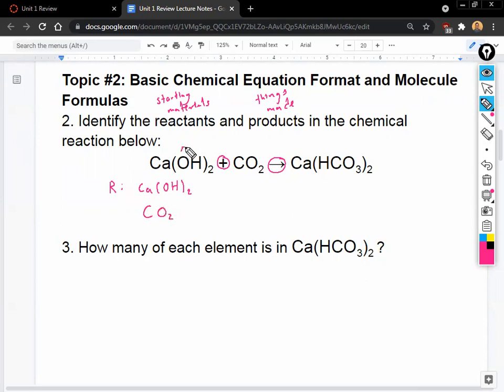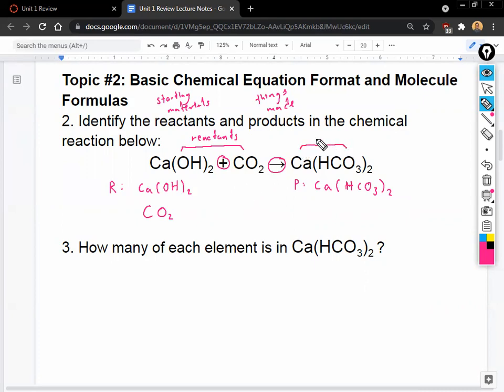Reactants, again, are the things that you start with, and they're on the left side of the chemical equation. Which means that your product is the thing on the right side of the arrow, and so you only have one product. It's going to be Ca(HCO3)2. Okay, and that's pretty much it.